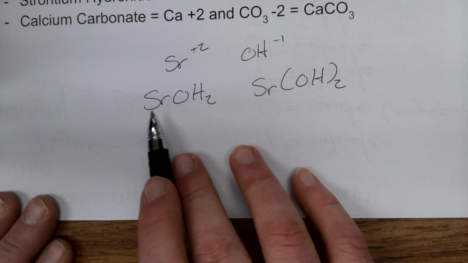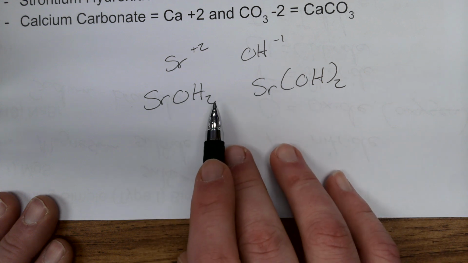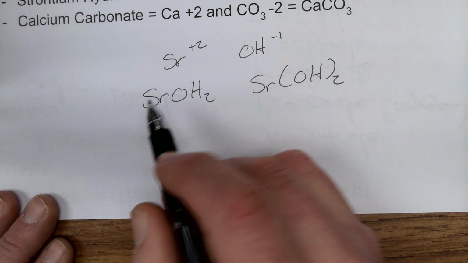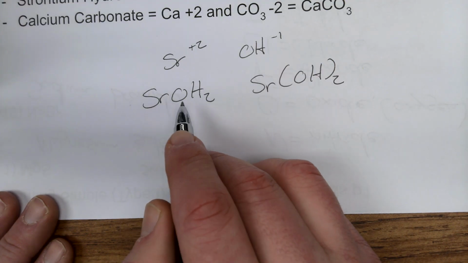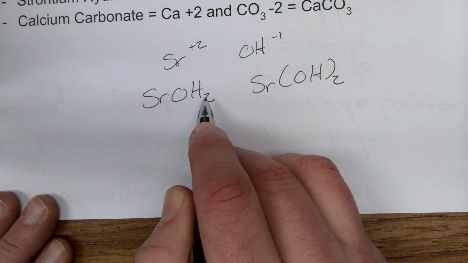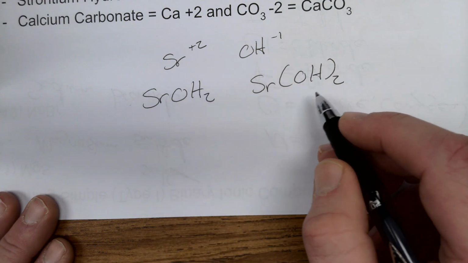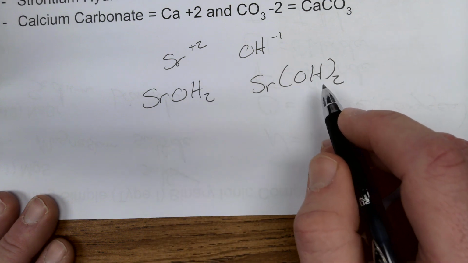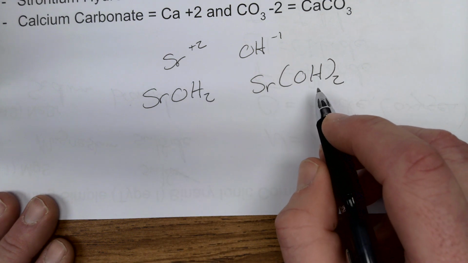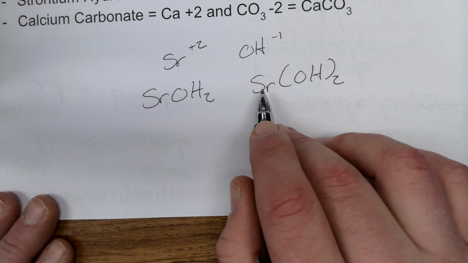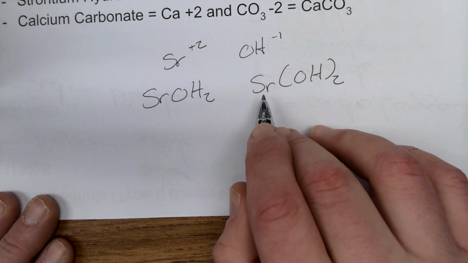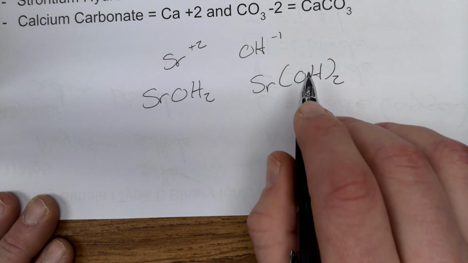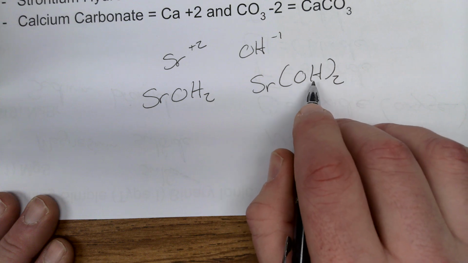Because if I leave it like this, SrOH2, I'm indicating that I just have 1 strontium ion, 1 oxygen, and 2 hydrogen. Using the parentheses, if I have more than 1 polyatomic ion, tells me I have 1 strontium ion and 2 hydroxide ions.